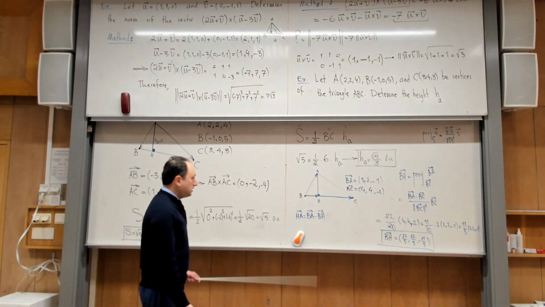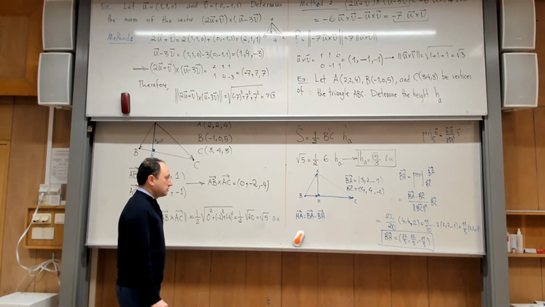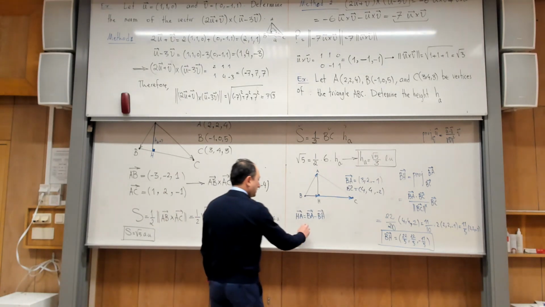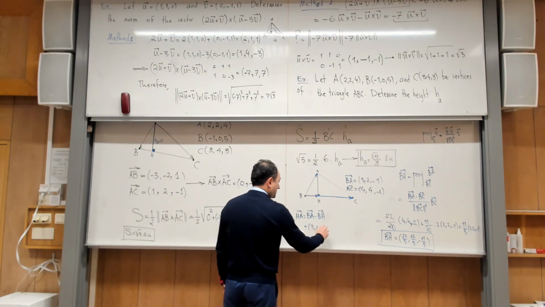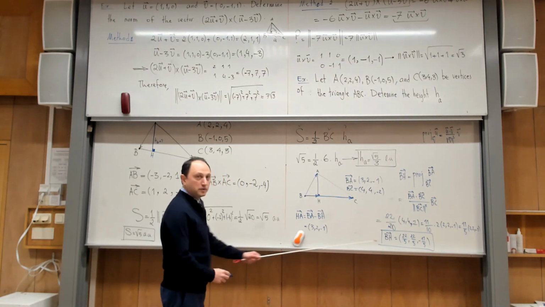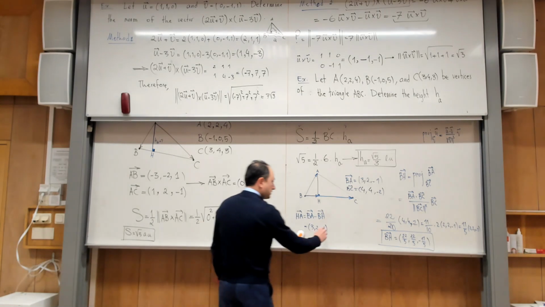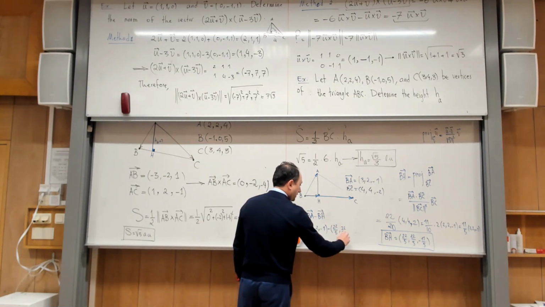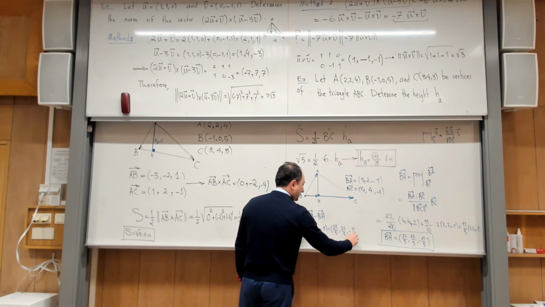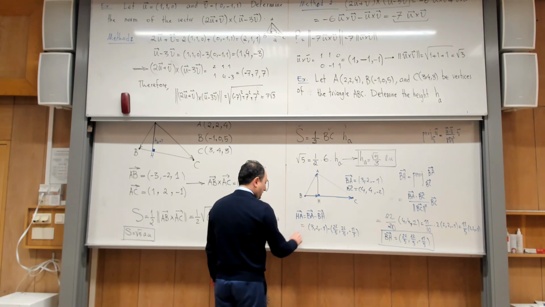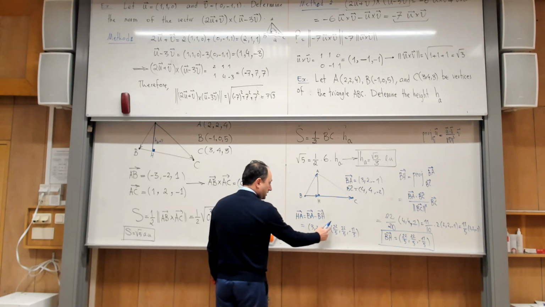So BA minus BH. And what is BA, by the way, is this: 3, 2 and minus 1. This is why BH becomes relevant in this problem. And we already calculated that: 22 over 5, 22 over 5, and minus 11 over 5. And then we calculate it in our head, yes? So what happens? 3 minus 22 over 5.